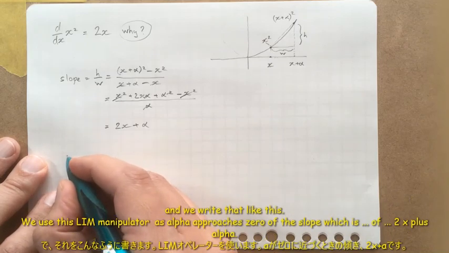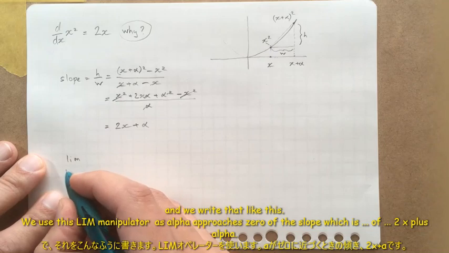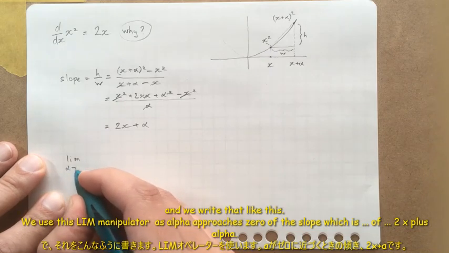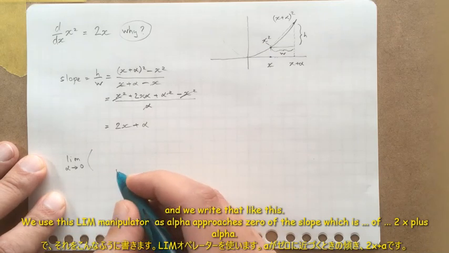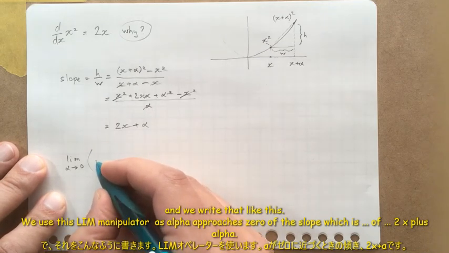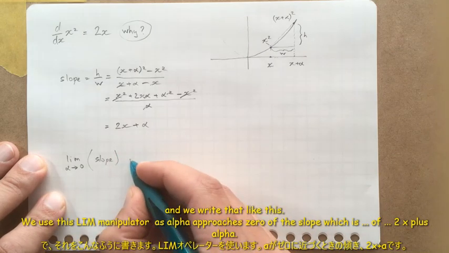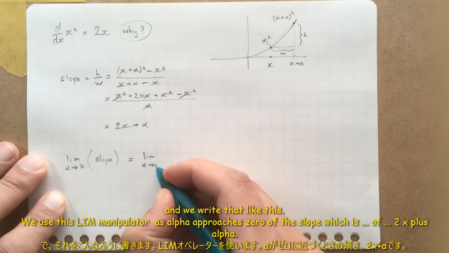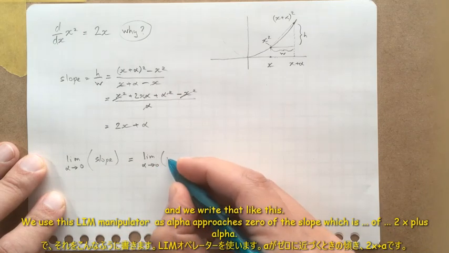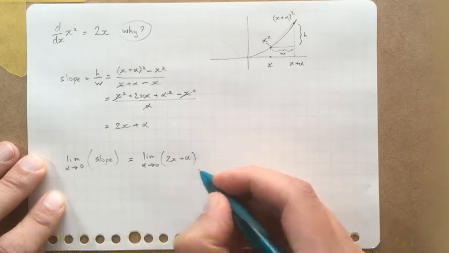And we write that like this. We use this lim manipulator as alpha approaches 0 of the slope, which is of 2x plus alpha.